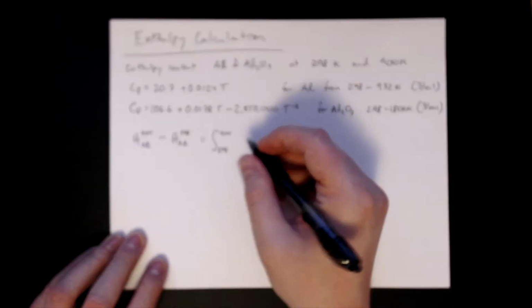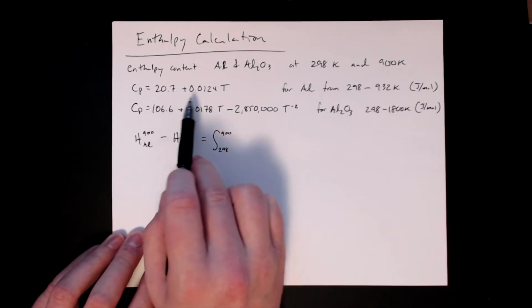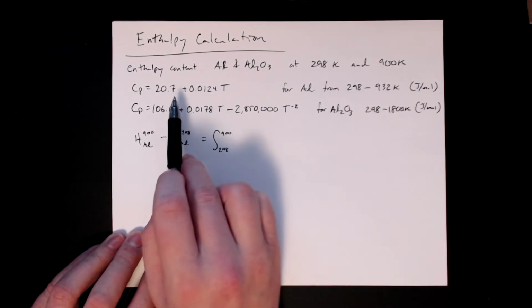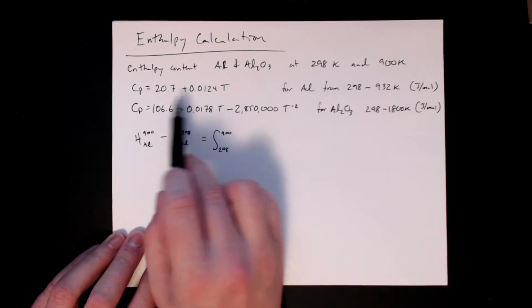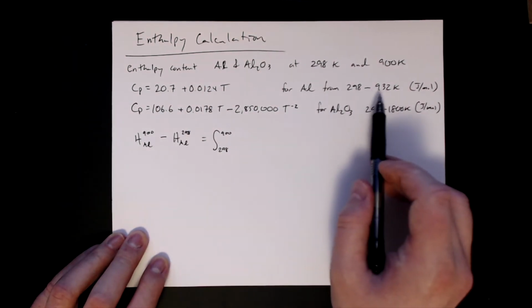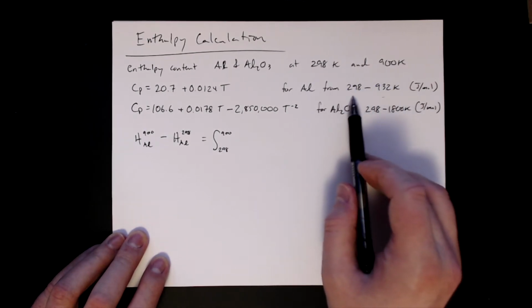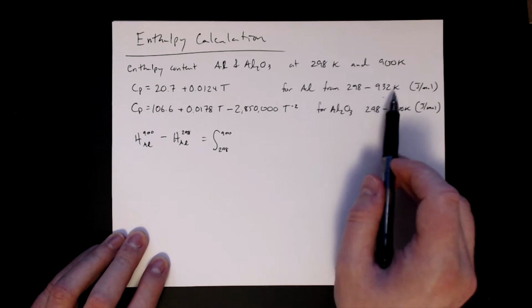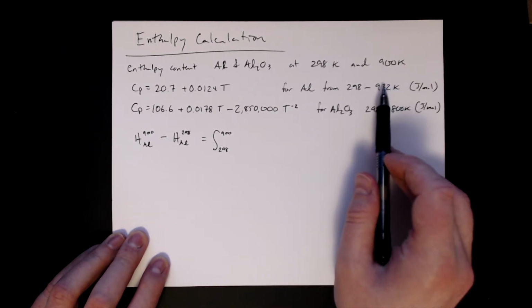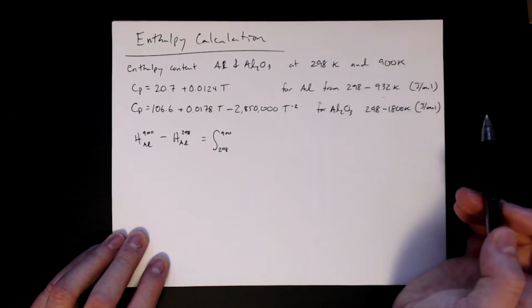of the heat capacity. So we can go ahead and swap in the heat capacity, and you can see that heat capacity is a function of temperature. So we're given it as a function of temperature within a given temperature range. Typically it'll be the standard state of 298, and then this will most likely be some type of phase transformation, like aluminum going to liquid aluminum.